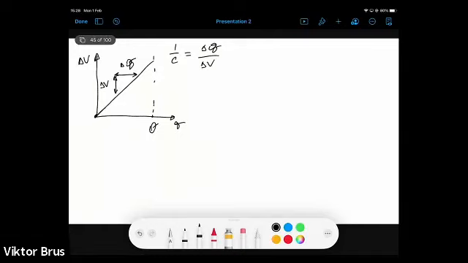And the work which has to be done to charge this capacitor from 0 to Q, and as a result also the potential energy which is accumulated inside the capacitor, will be equal to the area under this linear dependence.